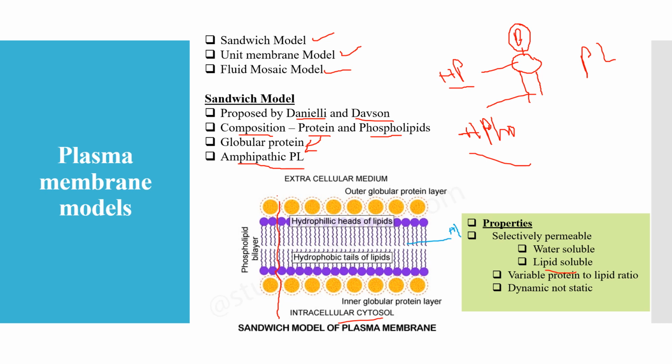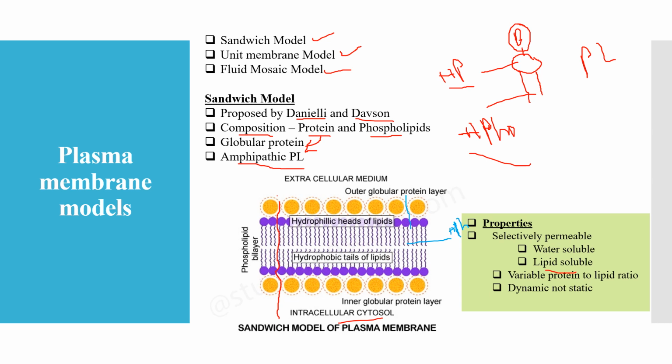So the water soluble substance can pass through the head area. But when the water molecule comes to the hydrophobic region, it will not pass through or cross this area because of hydrophobicity. So in the sandwich model, Danielli and Davson did not explain the pathway for water soluble substances.